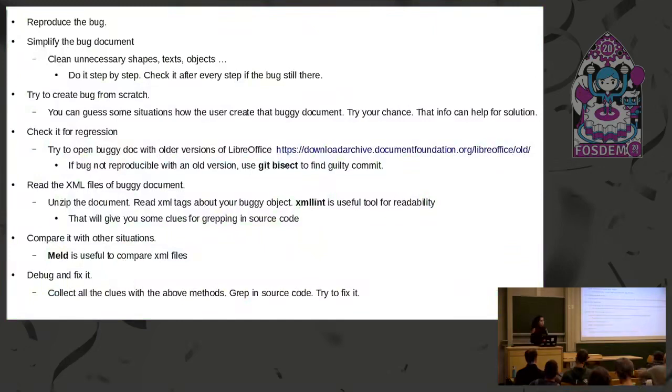When we want to open an OOXML based document in LibreOffice, sometimes we can have some problems. To solve them, if we have a bug report, first we need to reproduce the bug.